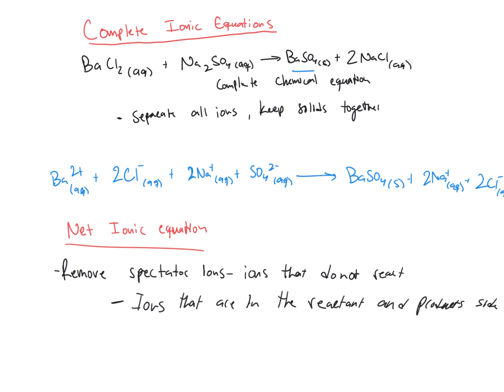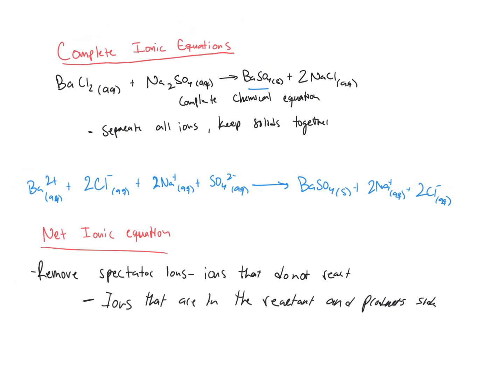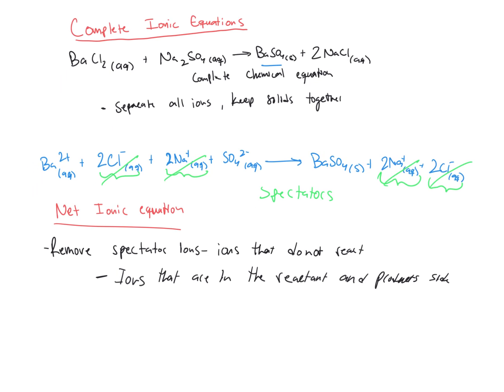So let's look at our spectator ions for this example. I have 2 Cl- there, and I have 2 Cl- here. I have 2 Na+ here, and I have 2 Na+ right here. And so all of these are spectators. They're in solution, but they don't actually participate in the reaction that we're interested in. So for our net ionic equation, we can just cancel all of those out.